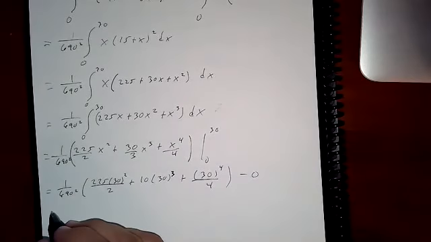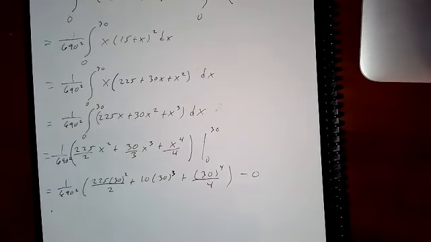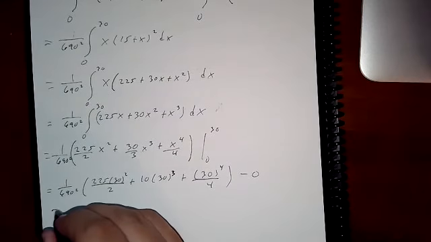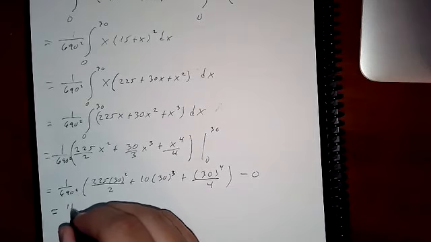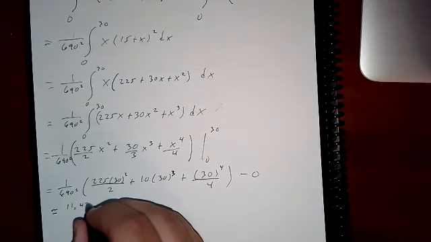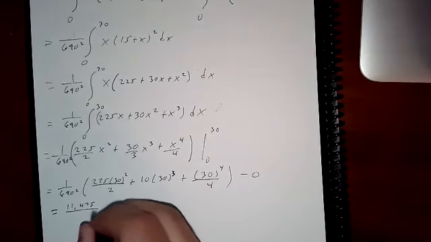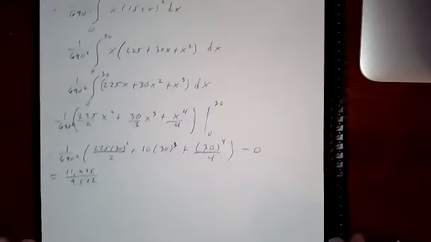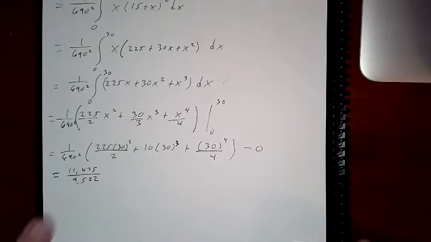That will give us something. I don't know. This is calculator time. Capital M should be 11,475 over 9,522. So this is capital M.